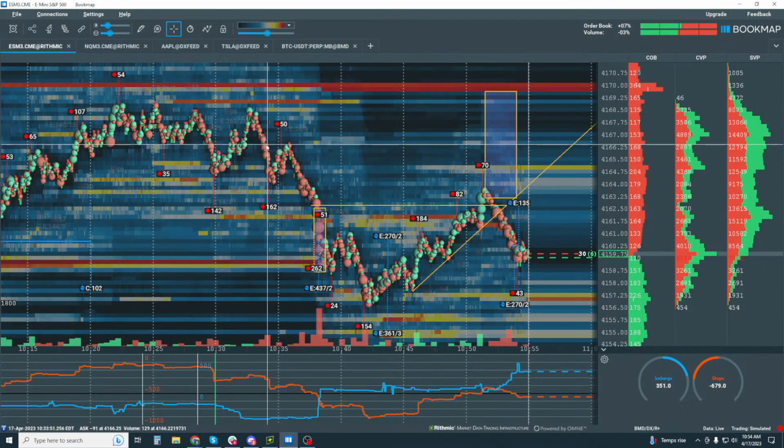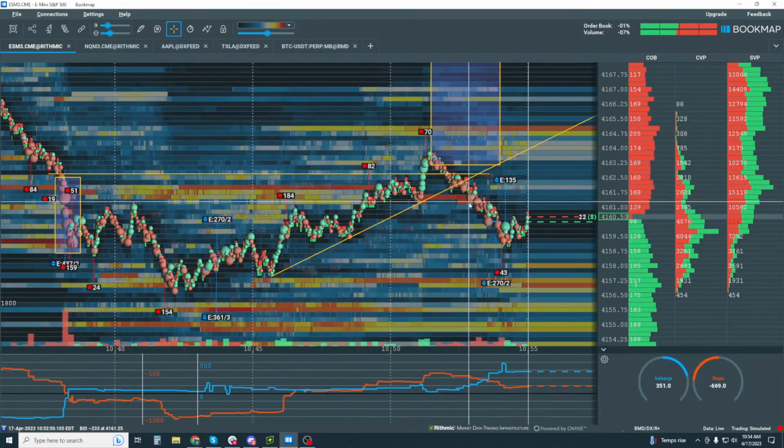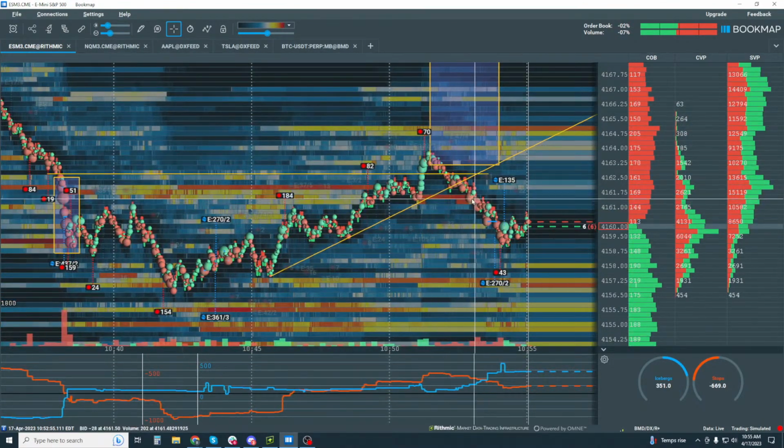Let's go back to our ES. Yeah, see how this is failing here. Back down. It's starting to look good in here, and then right back below it.